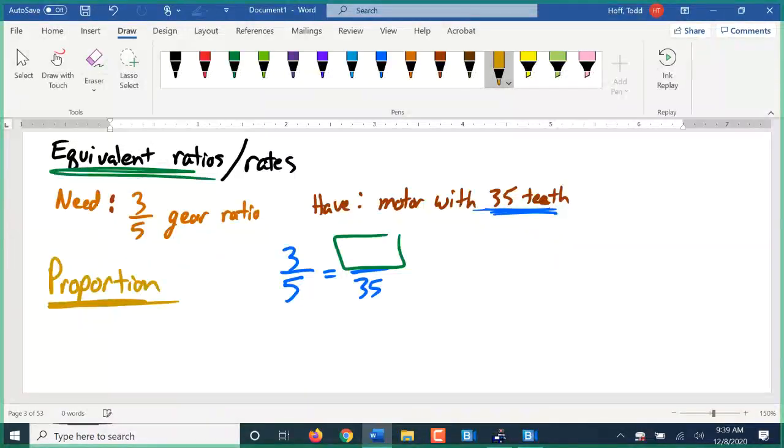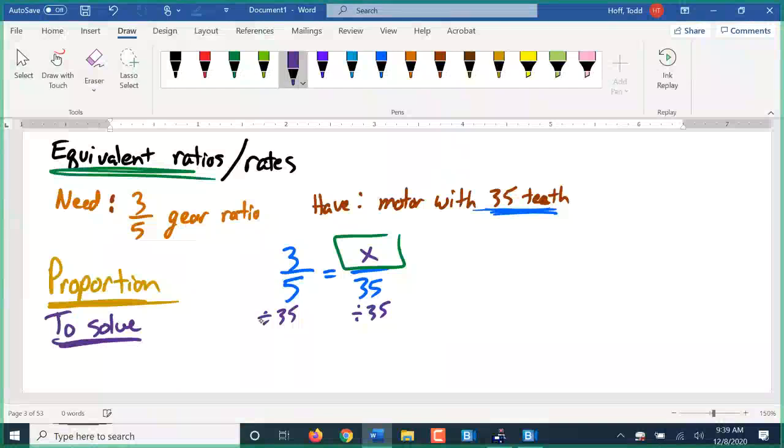A proportion just comes from two equivalent ratios. To solve a proportion, as I look at this, if this were just an equation, let's say this were the variable x here, if I wanted to solve that, I could multiply both sides by 35.